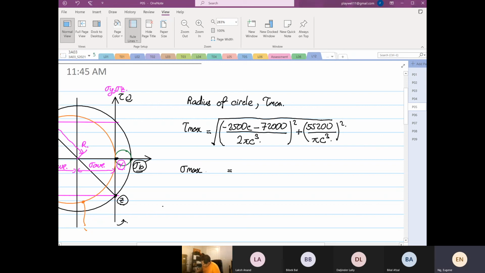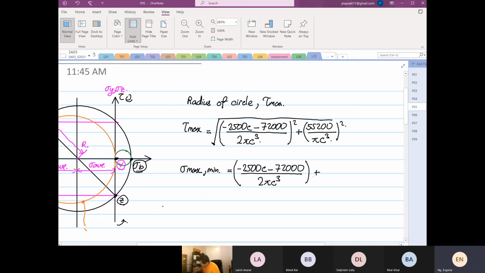So stress mean will be equal to our stress average, which is equal to minus 2500 C minus 72,123 divided by 2 pi C cube.